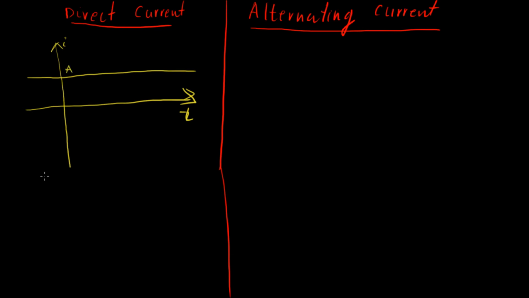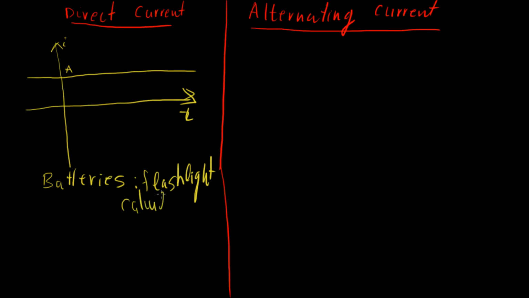Now, where this behavior is typically seen are in batteries, and anything that runs off batteries has direct current run through it. Say a flashlight, or a calculator has direct current.